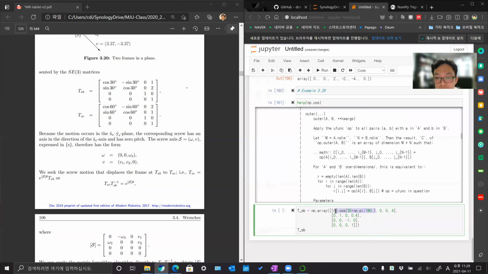And this one is minus sine, plus sine, 1, 2, 1.